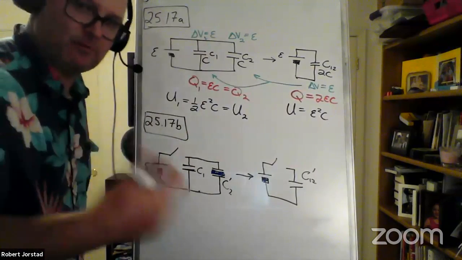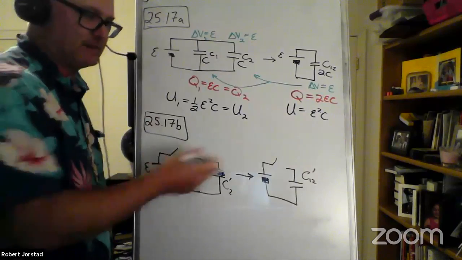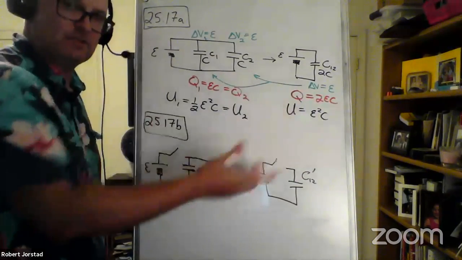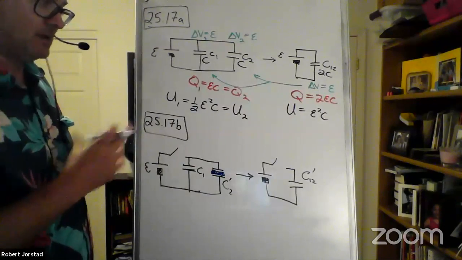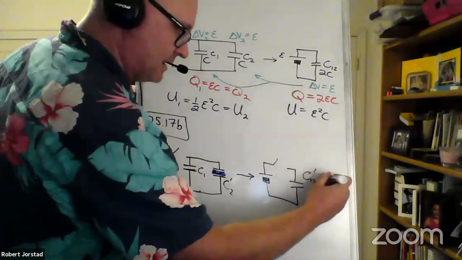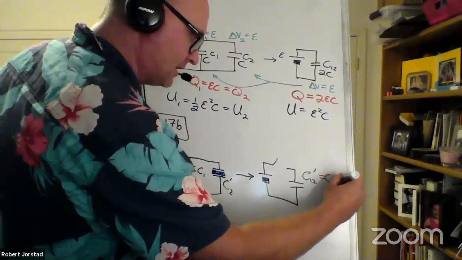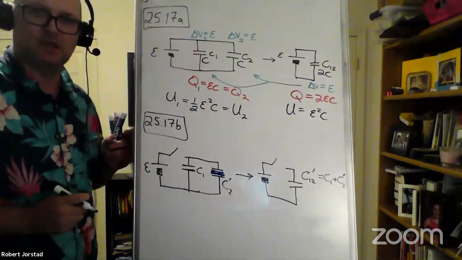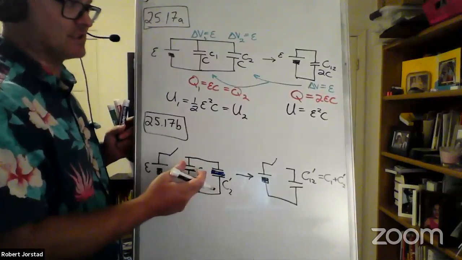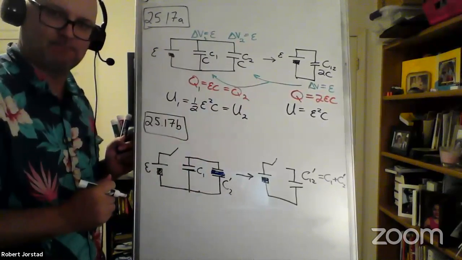Just like every problem we've done, I'm first going to figure out the equivalent capacitance part, then I can do the working backwards part. So in this case, do you agree this should be C1 plus C2 prime? I would add them, but I can't just say it's 2C anymore.